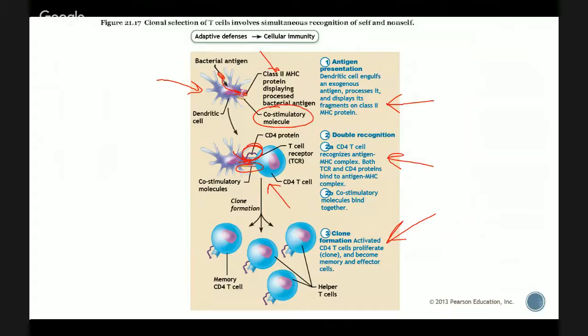So once we activate the CD4 cell, now this cell can go out and help other cells. Activate a B cell, activate a T cell, activate a macrophage, whatever, okay? And we also get the memory cells. But the key is it has to bind in these two places. And then when it binds, then it becomes activated.